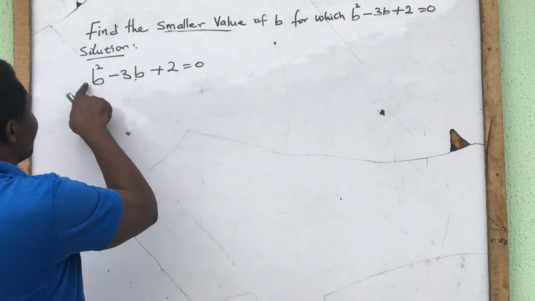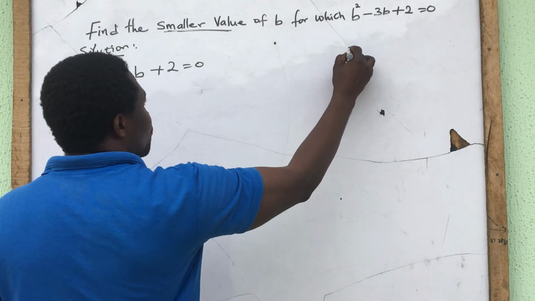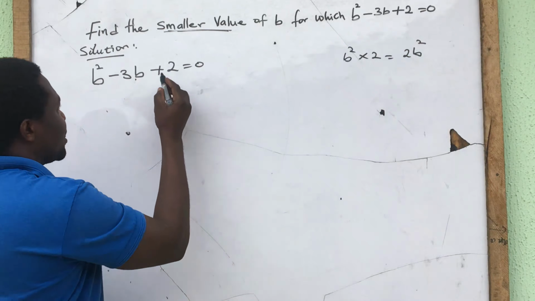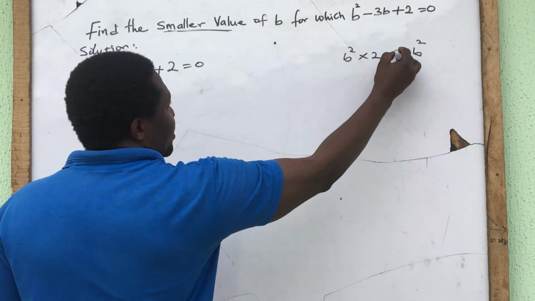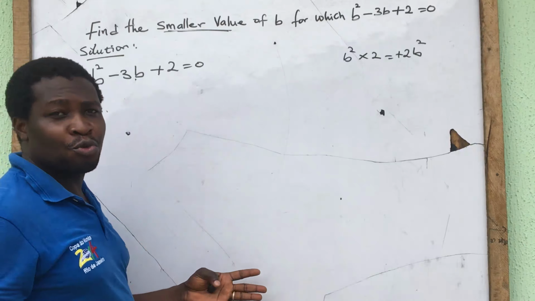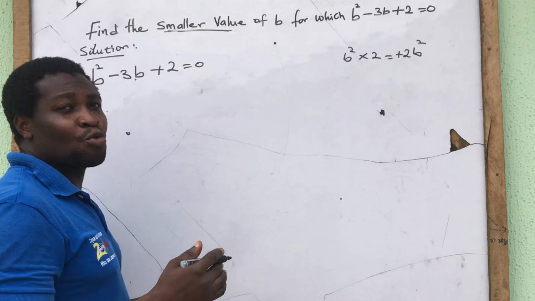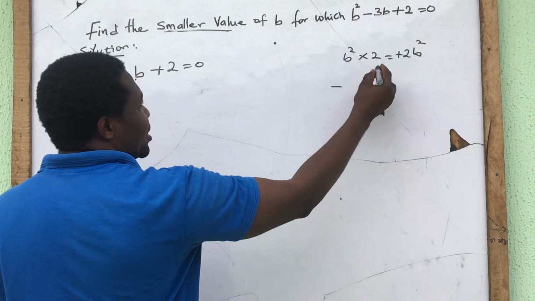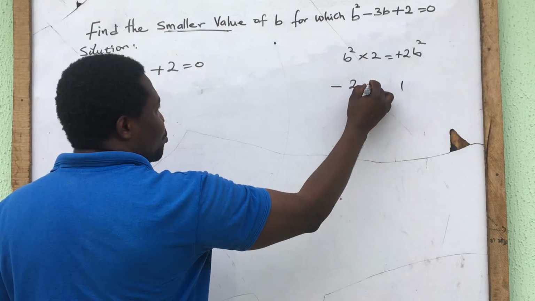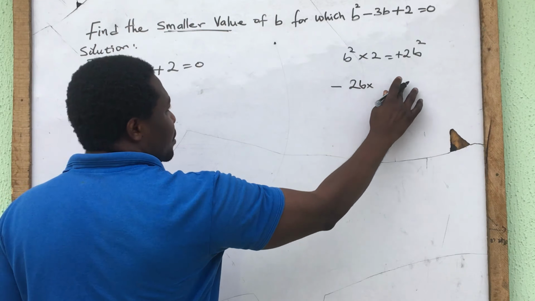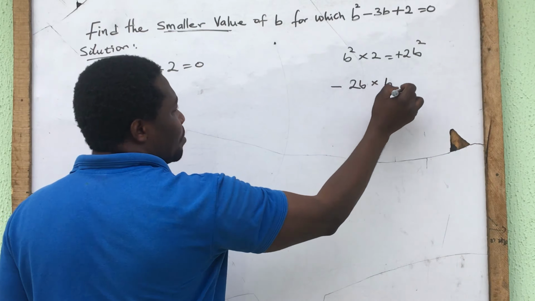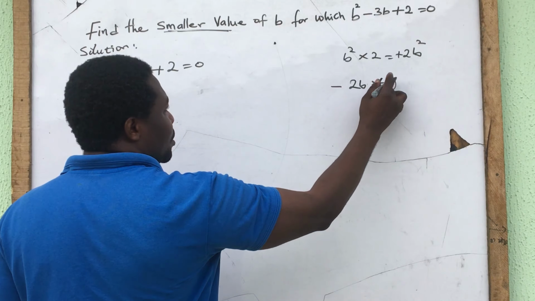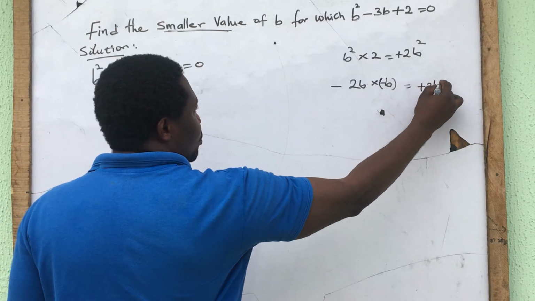When you multiply this and this together, we have b squared times 2 gives us 2b squared. As this one is plus, the signs of the roots will be equal. So that is minus, minus. And this is 2 and 1. So 2b times 1b, that is 2b squared.